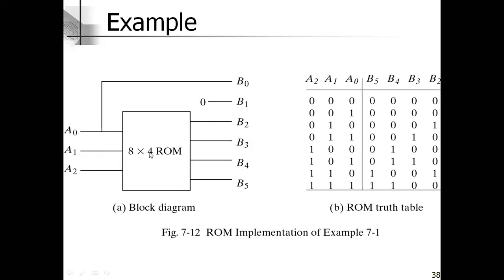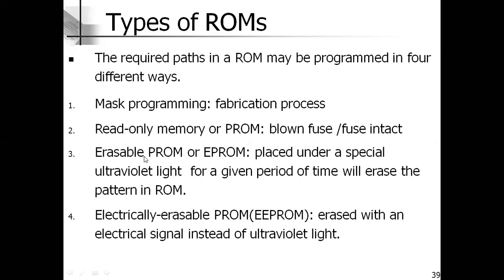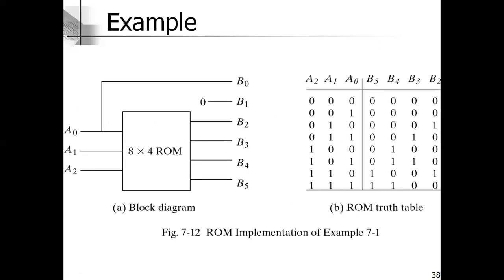I already told you that in general a 2 power k by n ROM, that is here an 8 by 4 ROM, means 8 words, and each word can contain 4 bits.